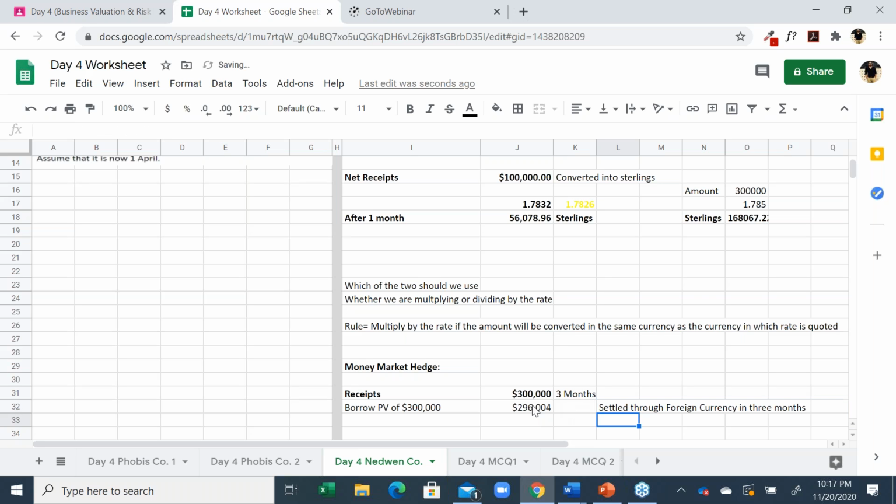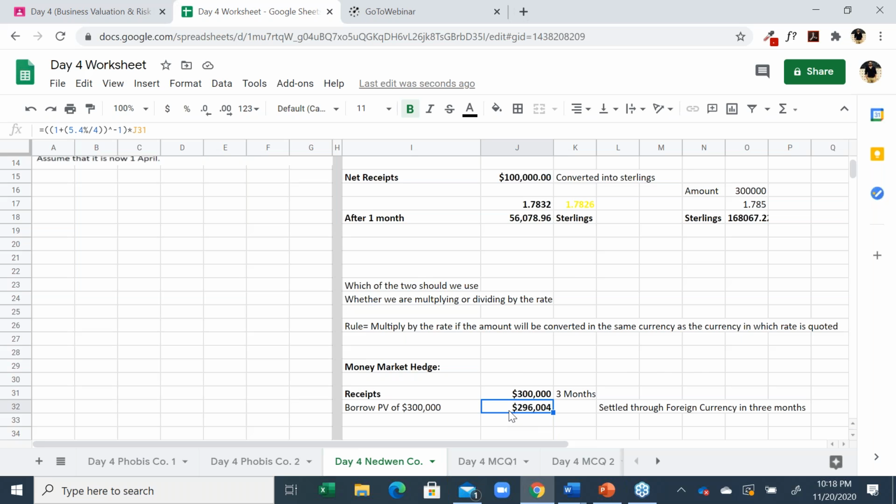So by the time we receive this amount, we will not have to convert it into pound sterling. We will straight away pay this to the bank from whom we have borrowed this amount, right? But we can't keep this amount idle. Now we have these dollars in our hand today, and we cannot keep this amount idle.